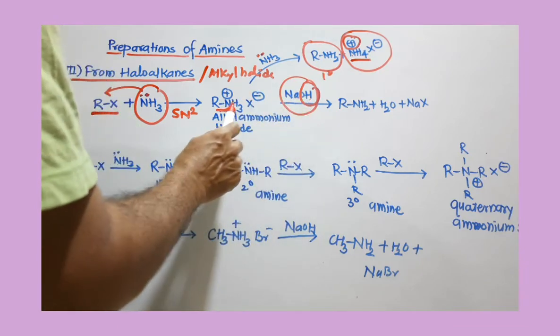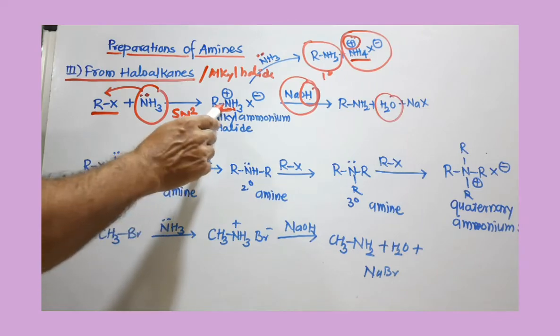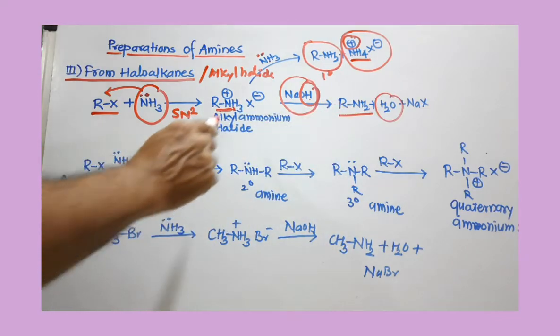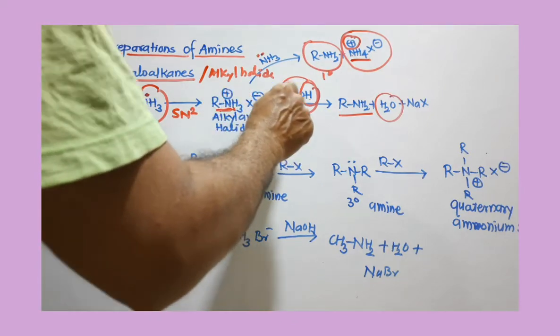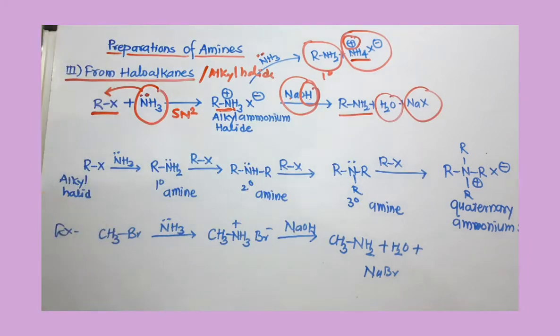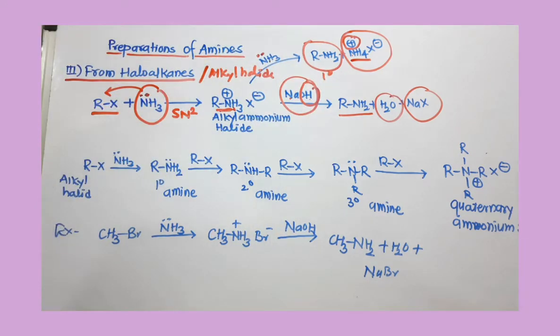If this OH removes the proton, we get water, and this becomes NH2. So we get our primary amine, and X joins with sodium to form NaX. In this way you can produce primary amine either by using excess concentrated ammonia, or by using sodium hydroxide in the second step.